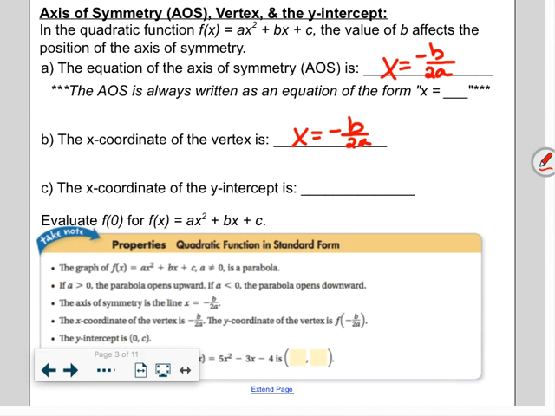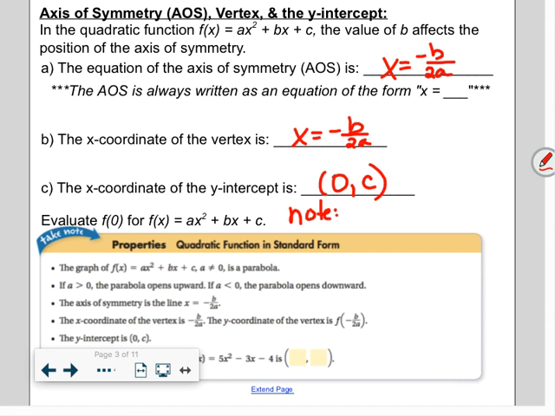The x-coordinate of the y-intercept is going to be 0, comma, if I plug in 0 for x in the f of x, do you notice it makes the first one disappear and the second one disappear, and then it's just c?